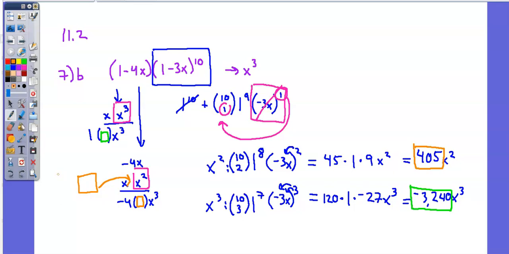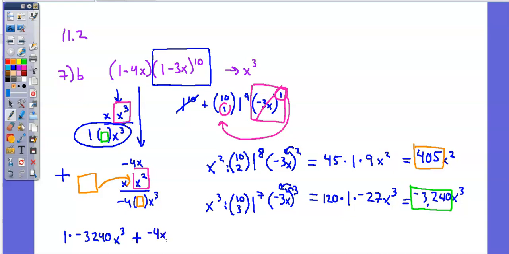On the left side, what I'm doing with these two calculations is I'm summing. So I'll write them out in full across the bottom, and then we can sum to our final value. We have the x cubed term is 1 times something x cubed. 1 times what's in green, negative 3,240 x cubed, plus the next result that produces x cubed is the negative 4x.